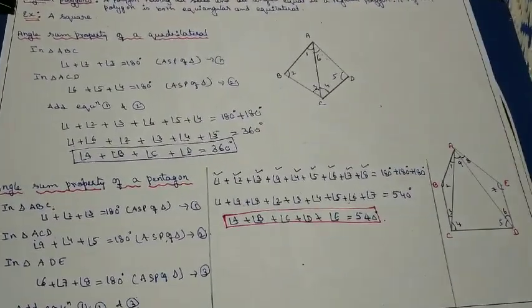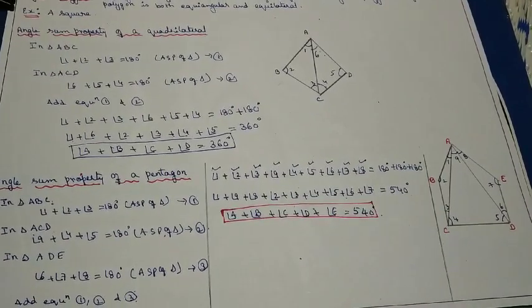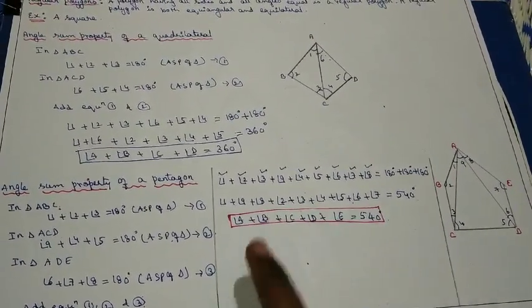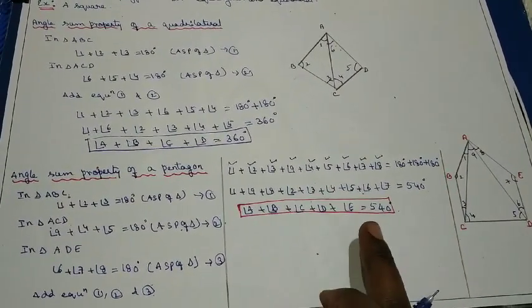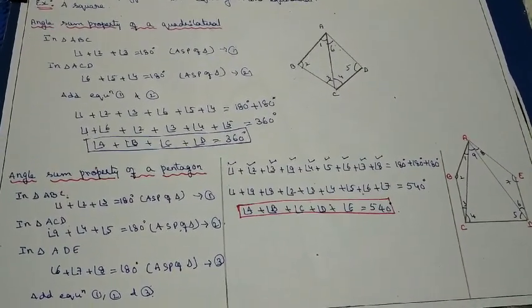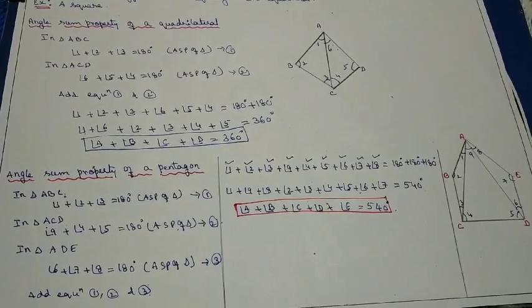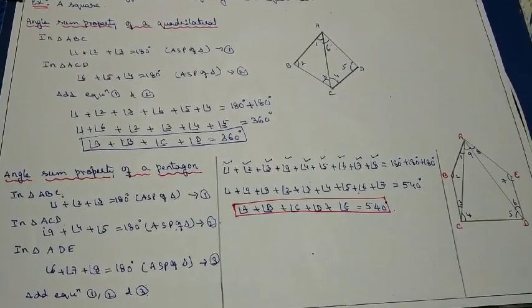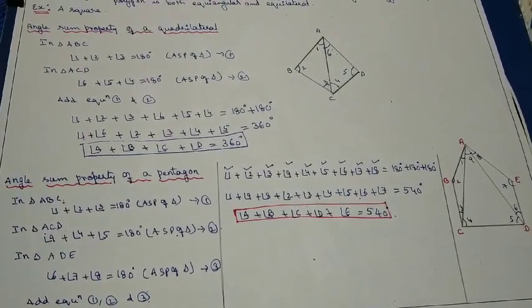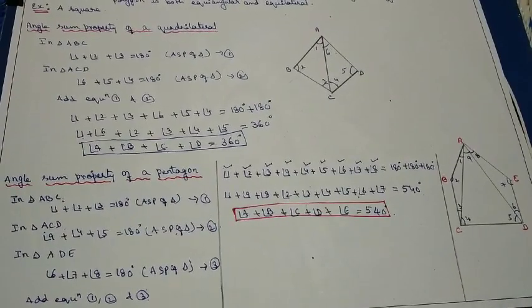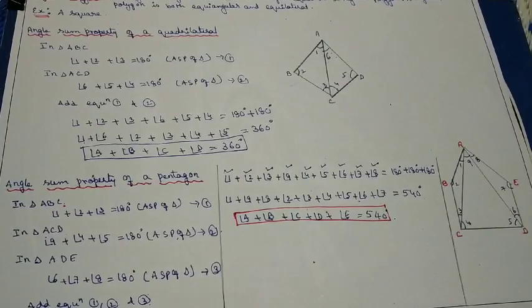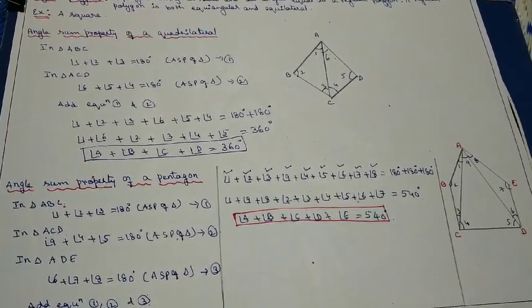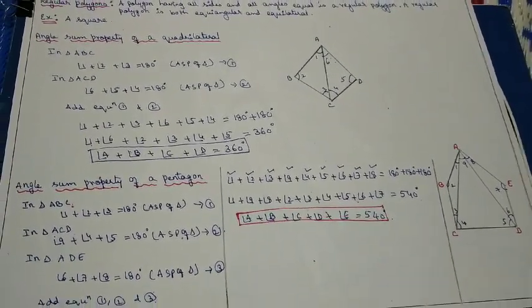So by observing these, therefore, in general there is a formula. If there is a polygon of n sides, we can divide it into n minus 2 triangles with a common vertex. Then the sum of interior angles of the polygon would be (n minus 2) into 180 degrees.